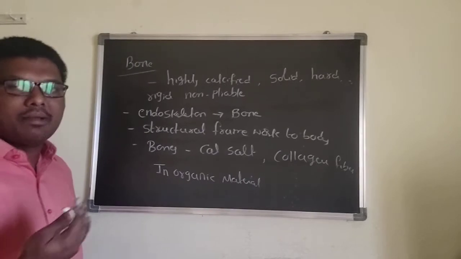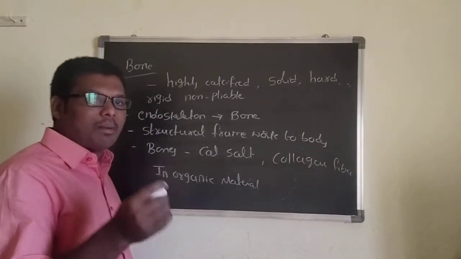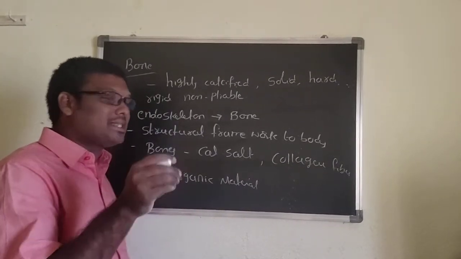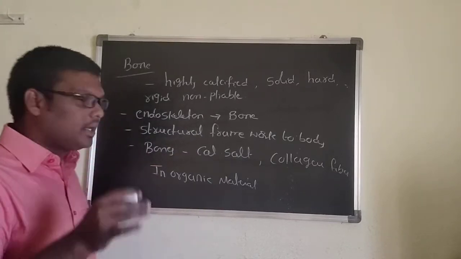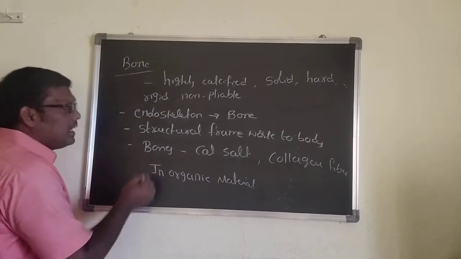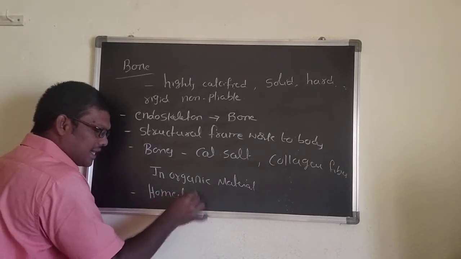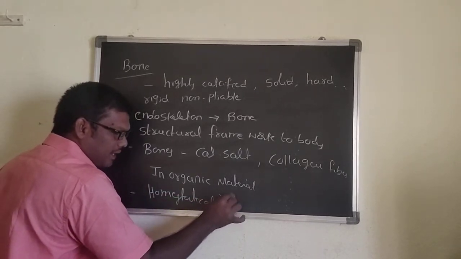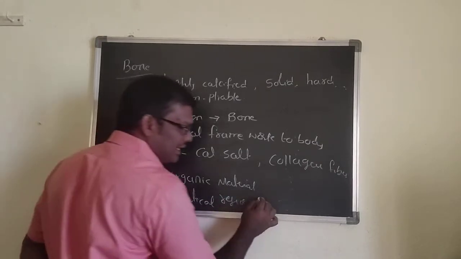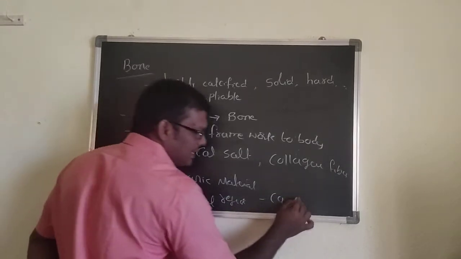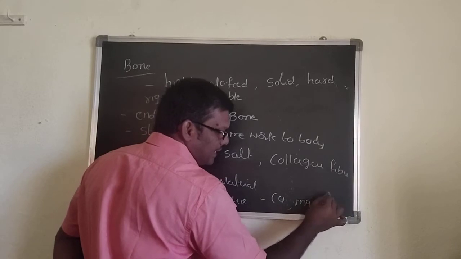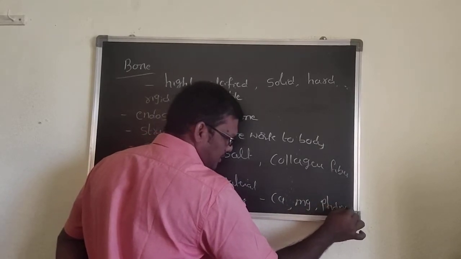When the inorganic material increases, the bones become brittle. And the bones are the homeostatic reservoir for calcium, magnesium and phosphorus.